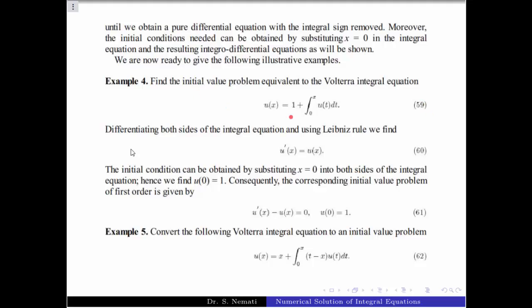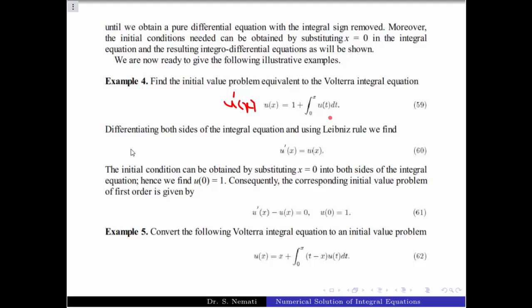To do this, we take the derivative from both sides of this formula. It's completely clear that in the left side, we easily have the derivative of the function u.